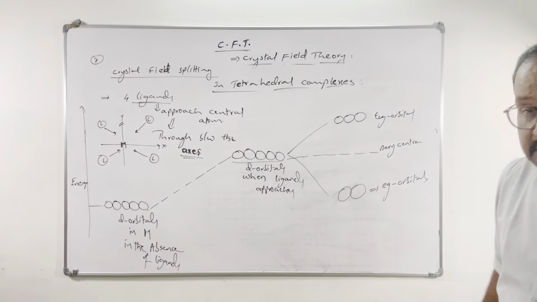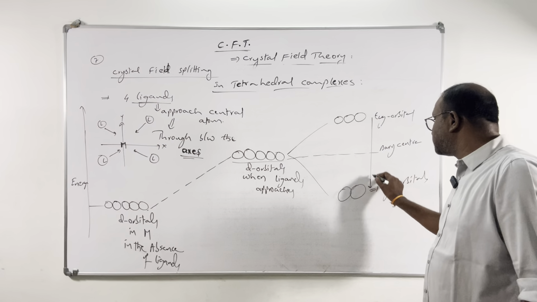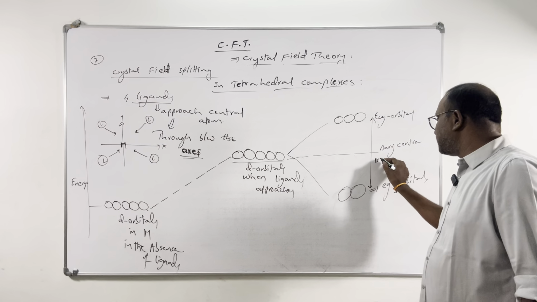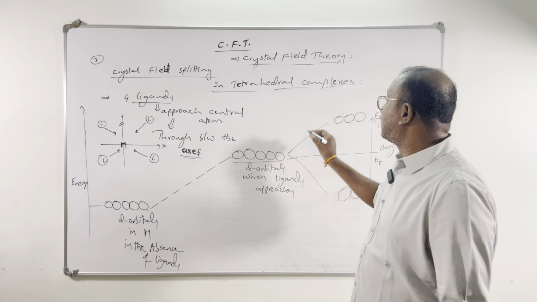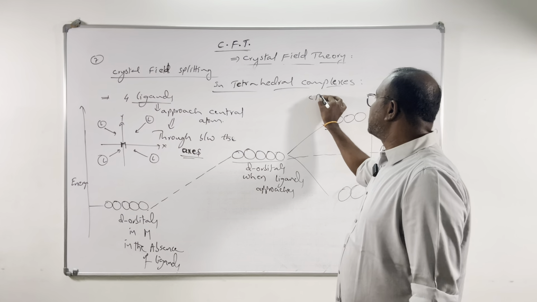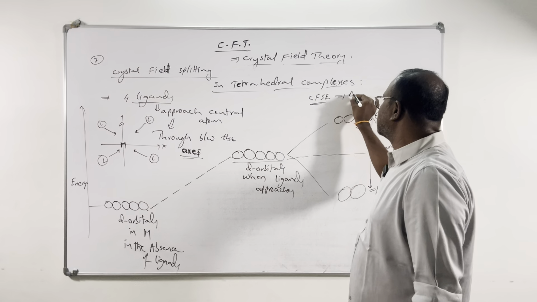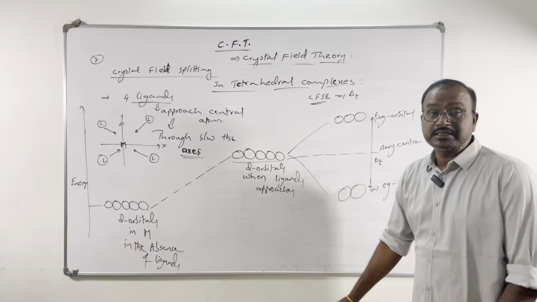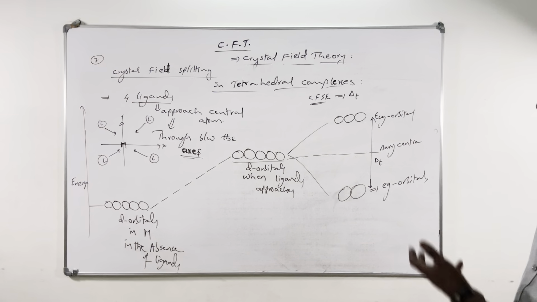That's why we call it the barycenter. The energy difference between T2g and Eg we call delta T, T for tetrahedral.